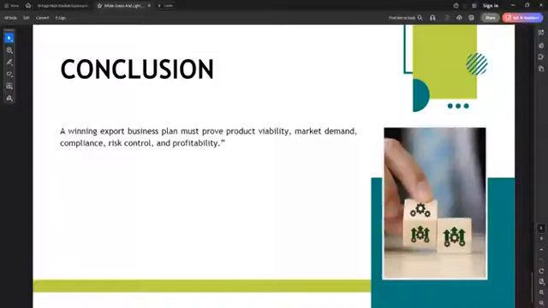Whatever it is, you can build an export plan around it for a winning international and global market. Okay, so in conclusion, a winning export business plan must prove product viability, market demand, compliance, risk control, and profitability. This is really important.